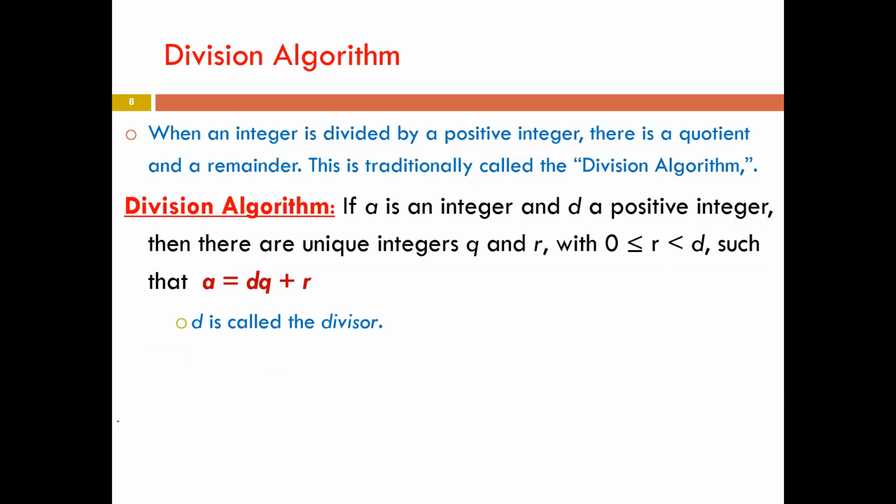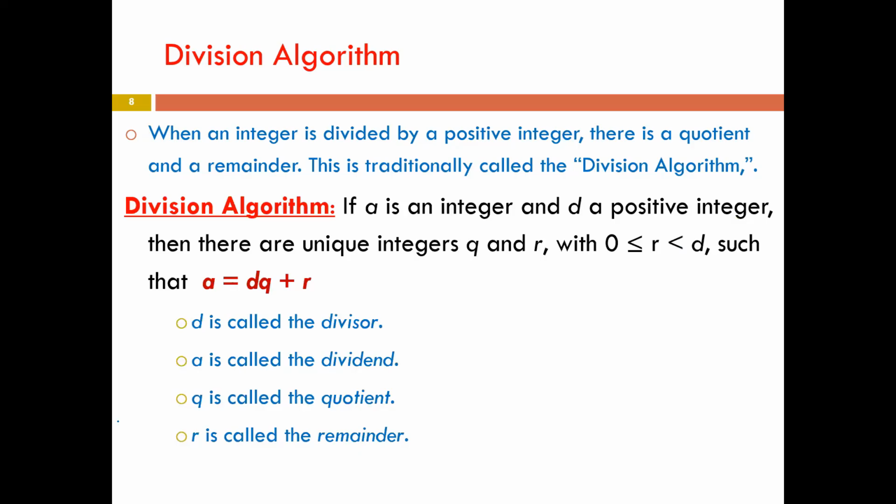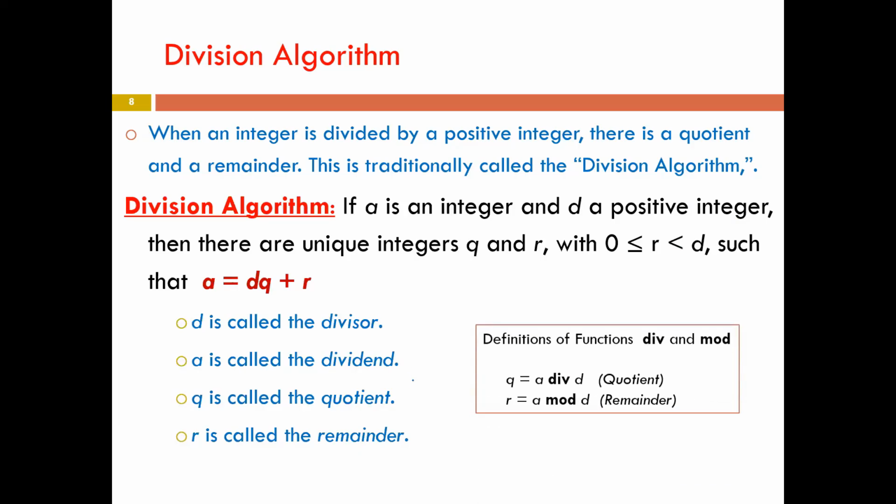D is the divisor, Q is the quotient, and R is the remainder. And we write Q is A div D. In the previous example, 17 over 3 is 5 with remainder 2, so 5 is 17 div 3. 5 is the quotient of the division of 17 by 3.